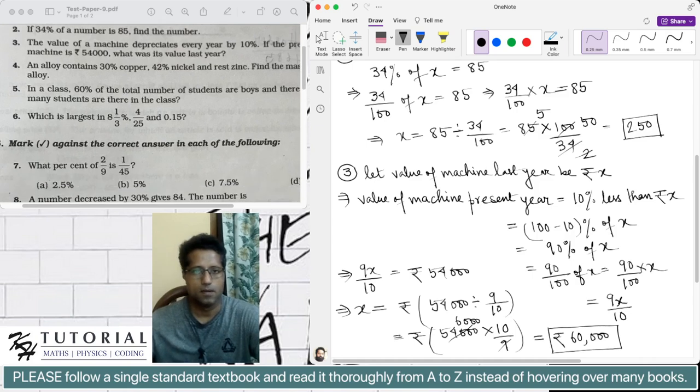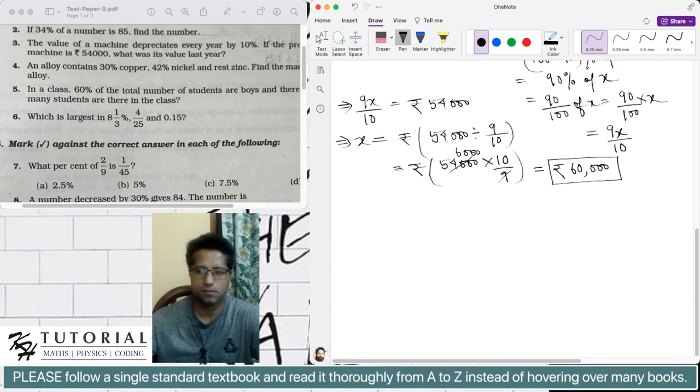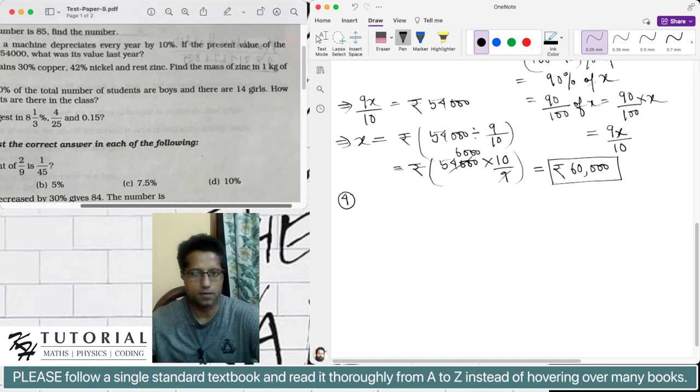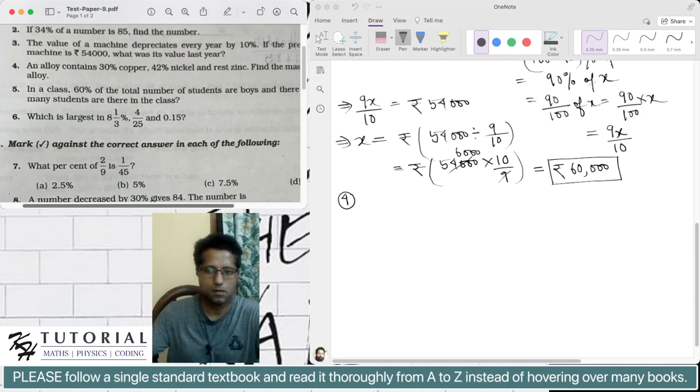Let's do problem number 4. An alloy contains 30% copper, 42% nickel and rest zinc. Find the mass of zinc in 1 kg of alloy.